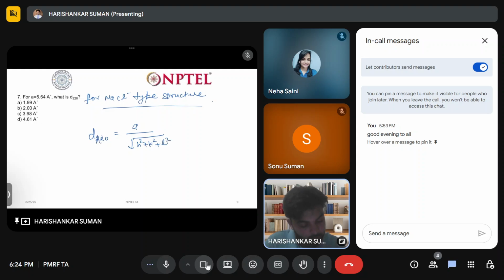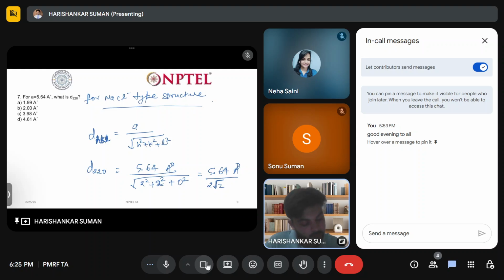For hkl, you are given d220 and a also. The formula is a divided by the square root of h square plus k square plus l square. That would be for NaCl, 2, 2, 0.